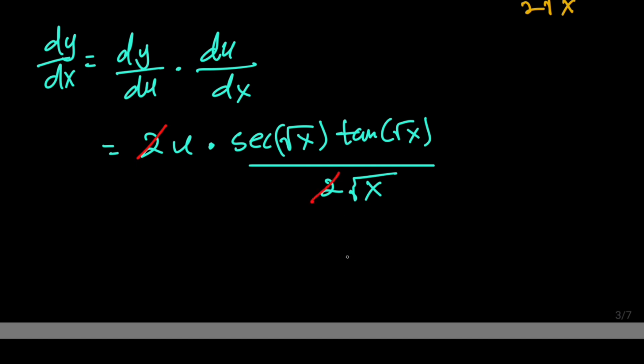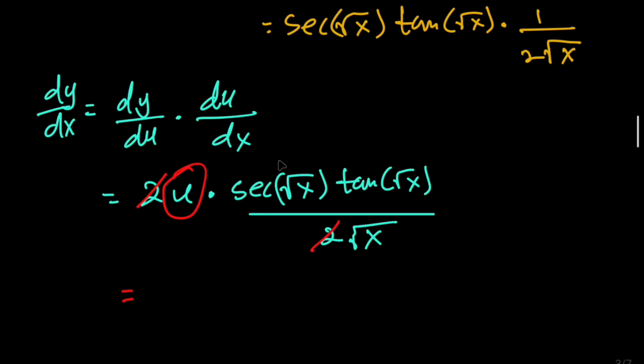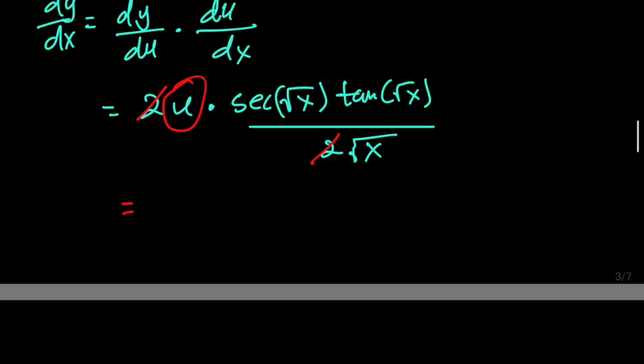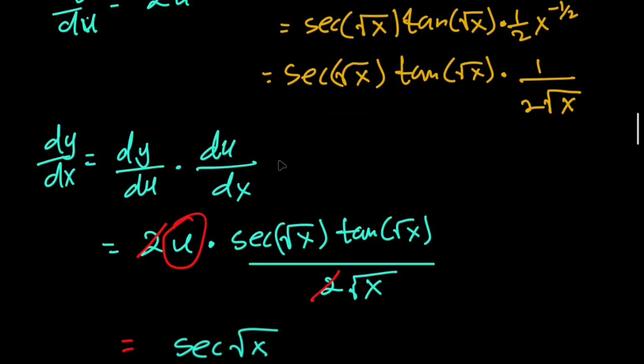This and this can cancel out since we are multiplying. And then you notice that we have u in the function, but actually we allowed u to be equal to secant square root of x. So instead of writing u, I'm gonna put secant square root of x, which is technically the u that we said right here.